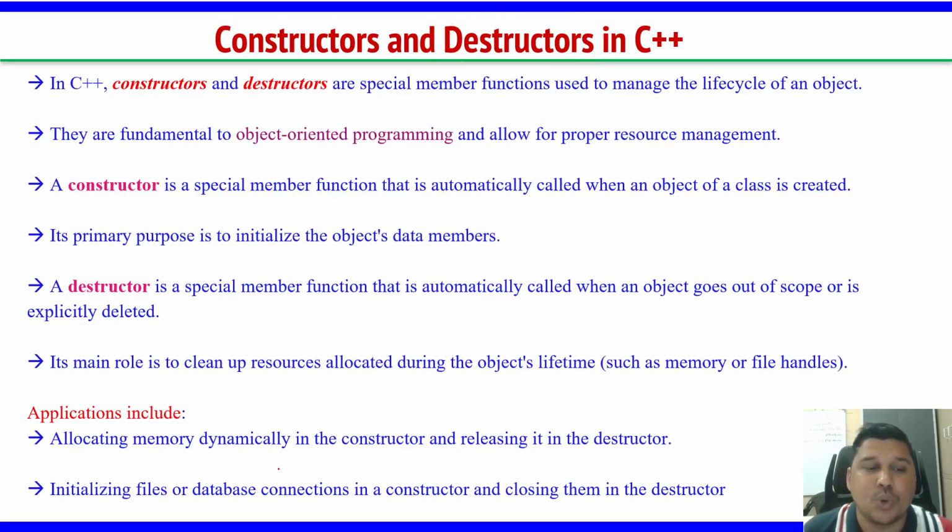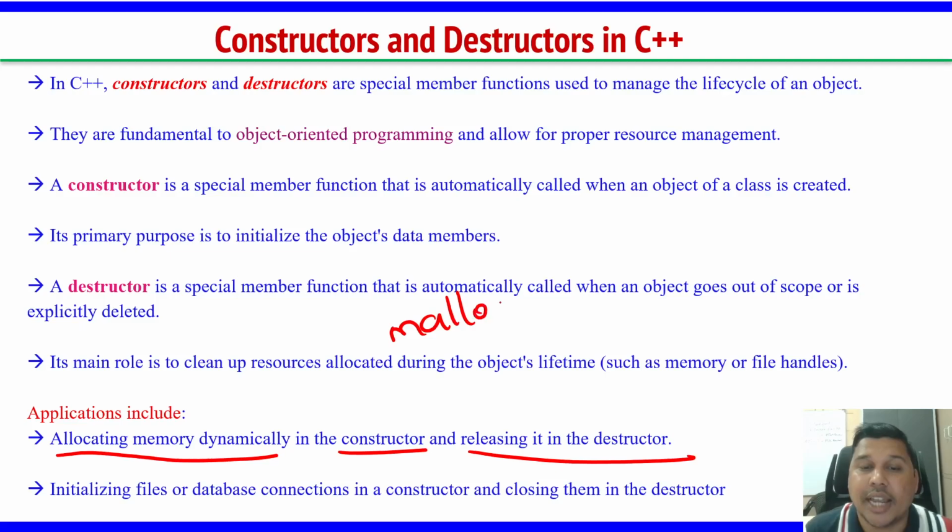Where can we use them? Allocating memory dynamically in a constructor and releasing it in a destructor. I think you are aware of the malloc function. We use malloc to allocate memory dynamically, and that can be done in constructors.